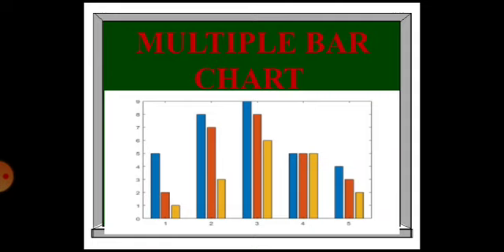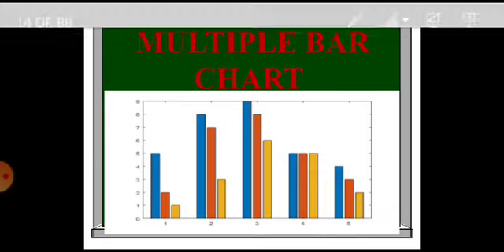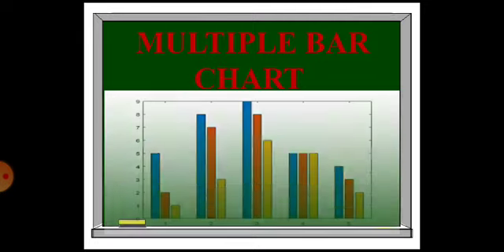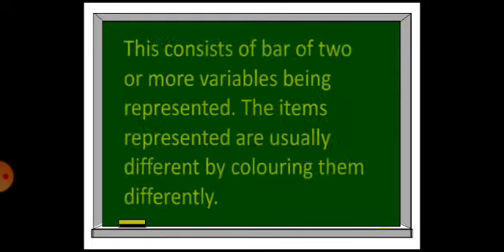That is a multiple bar chart. Like I was saying, in your multiple bar chart, we have more than one or two pieces of information represented in different bars, and they are placed side by side each other.